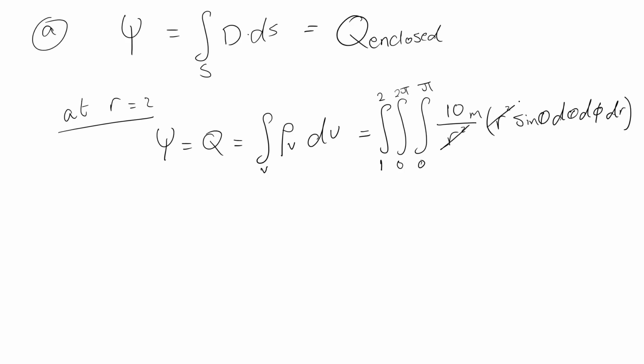R square will be cancelled with r square. Integration of sine theta d theta from 0 to pi is 2, and integration of d phi from 0 to 2 pi is 2 pi. So we will have 4 pi multiplied by 10 milli multiplied by the integration from 1 to 2 of dr, which is equal to 1.